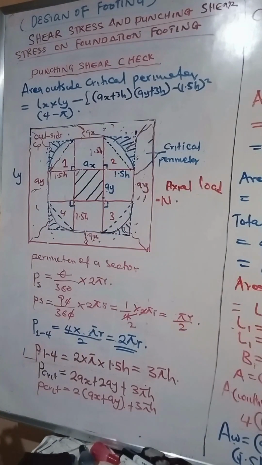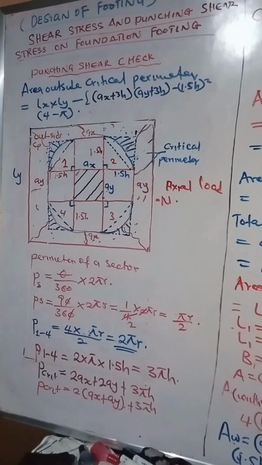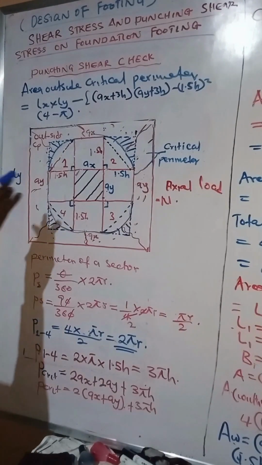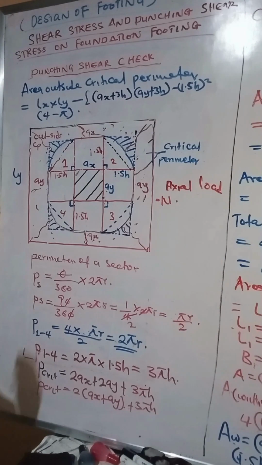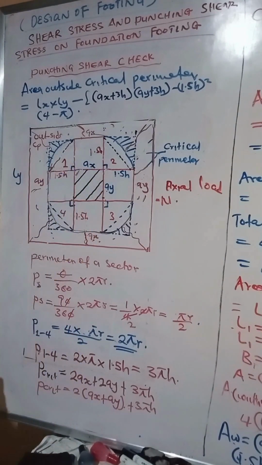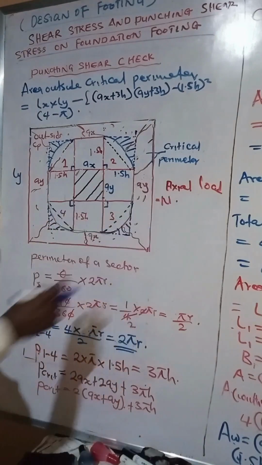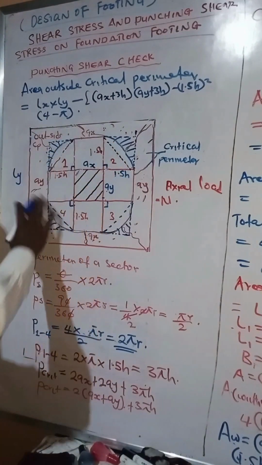Now, what we must understand is that in practical analysis of this, the axial load that is acting on this footing varies across the surface of the footing. All right. So the stress at the point of application of the load is expected to be greater than every other section of the footing.